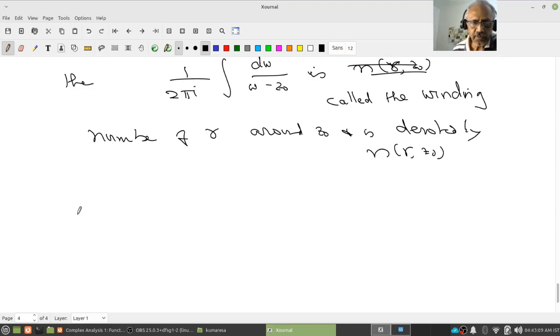Therefore the Cauchy integral formula becomes, right.